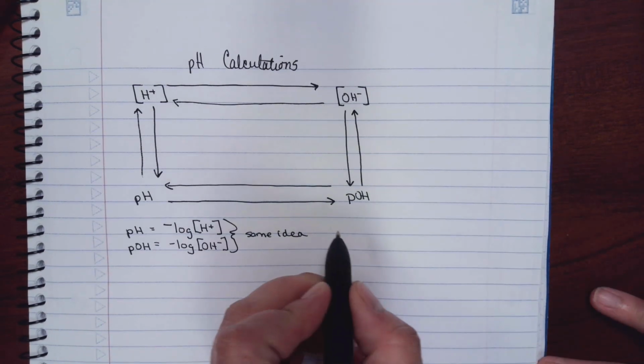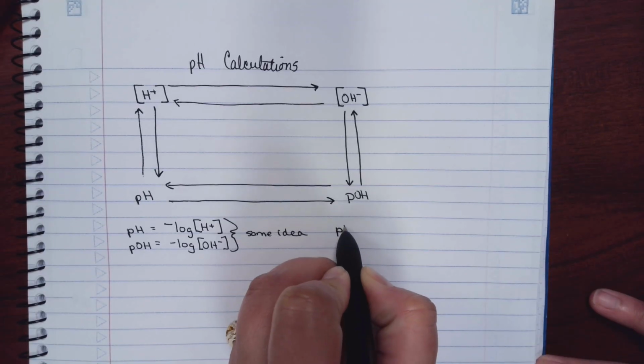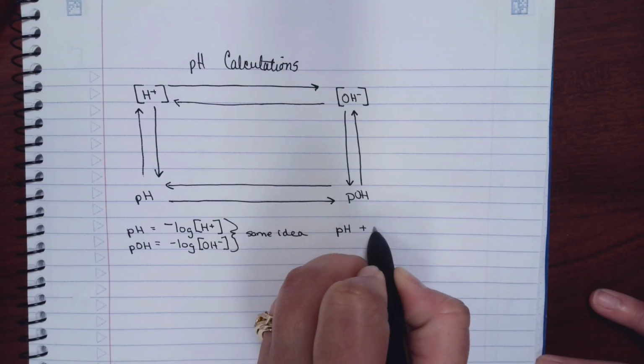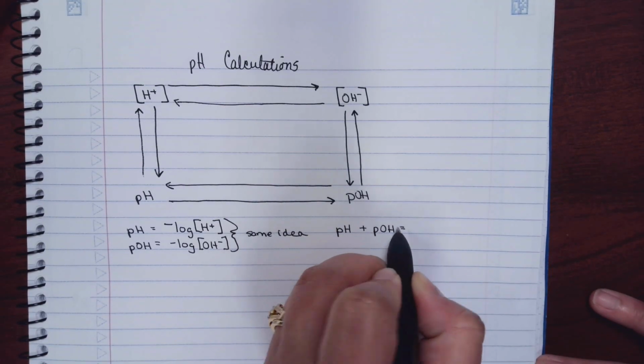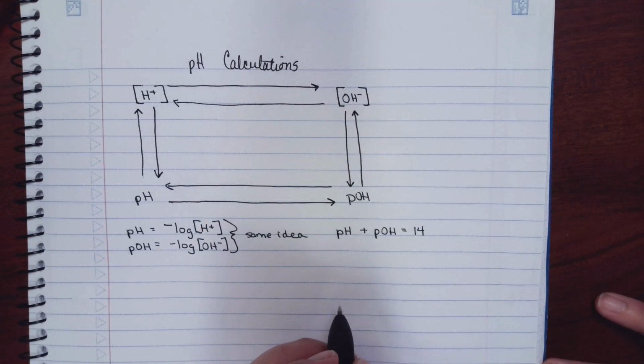Now, we also know that the pH plus the pOH is going to add up to 14 because that is our scale. Our scale goes 0 to 14. So you take your pH plus your pOH, and that's going to give you a total of 14.